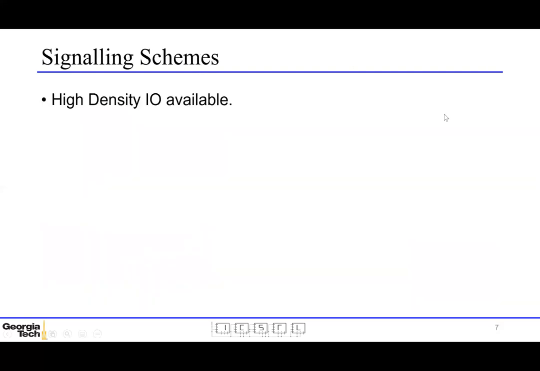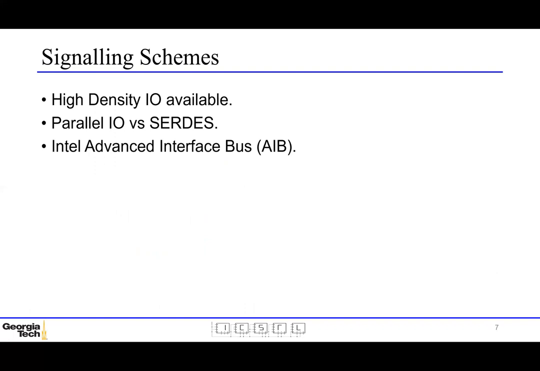Signaling in these integration technologies is an active area of research. Generally, due to the availability of large area, use of parallel I/O is favorable compared to SerDes. Parallel I/O has less design complexity since it allows the clocks to be forwarded along with the data. The recently proposed and open source Intel's Advanced Interface Bus Protocol uses parallel I/O instead of conventional SerDes.